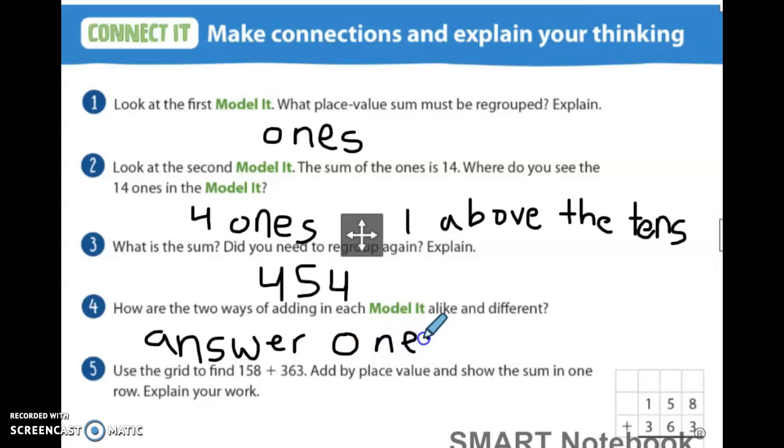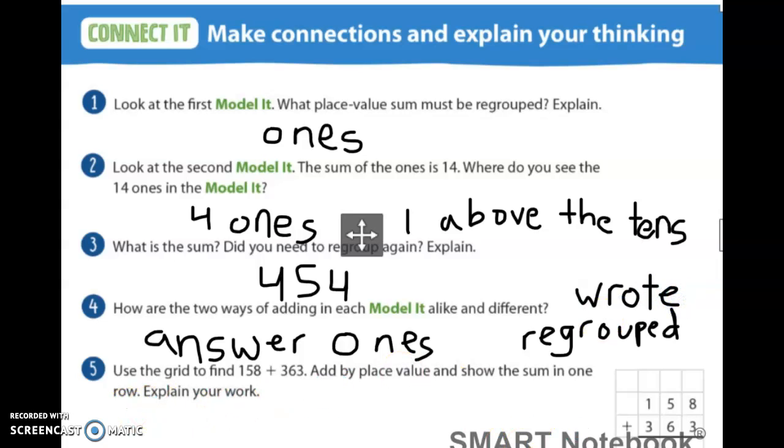How are they different? The way they regrouped was different. And also the way that they wrote the number was different. So regrouped and wrote. I'm kind of doing shortcut versions of what I'm saying because I'm writing with my mouse and it's kind of hard to write with my mouse.